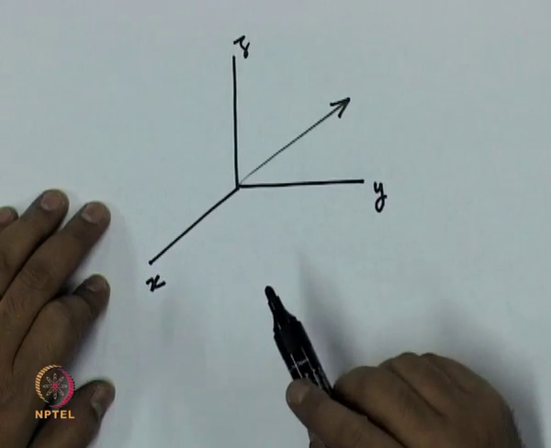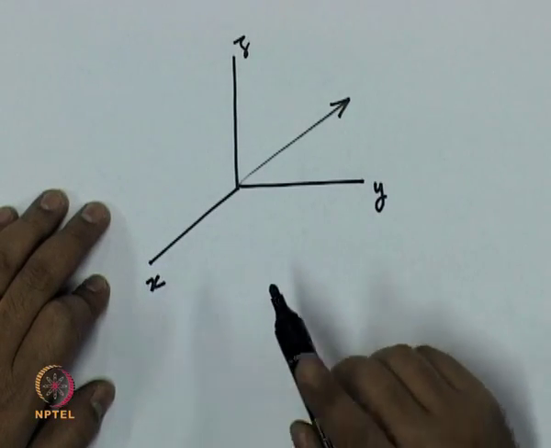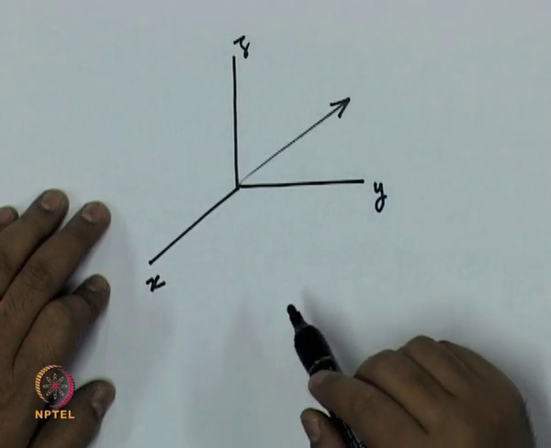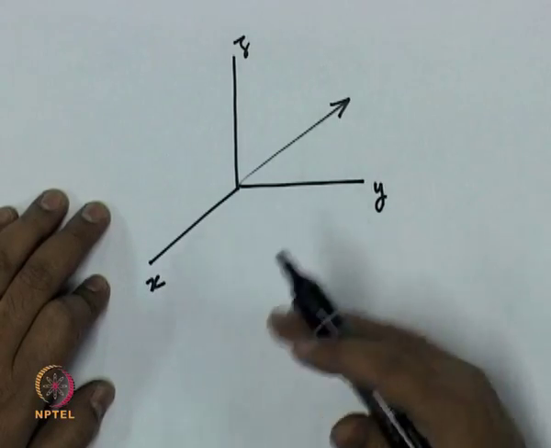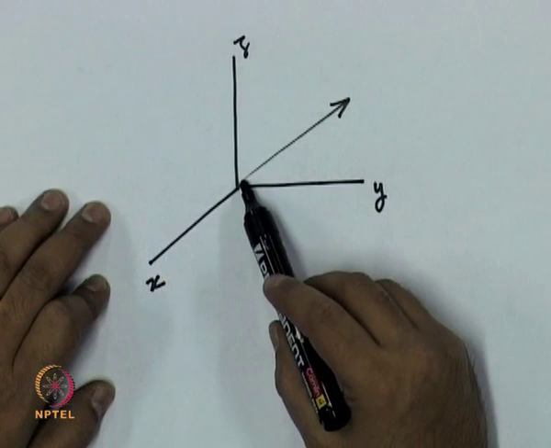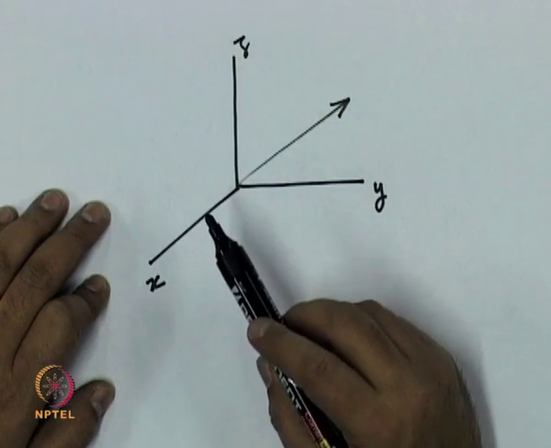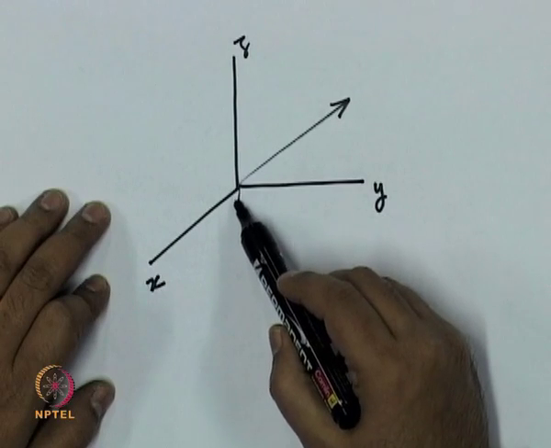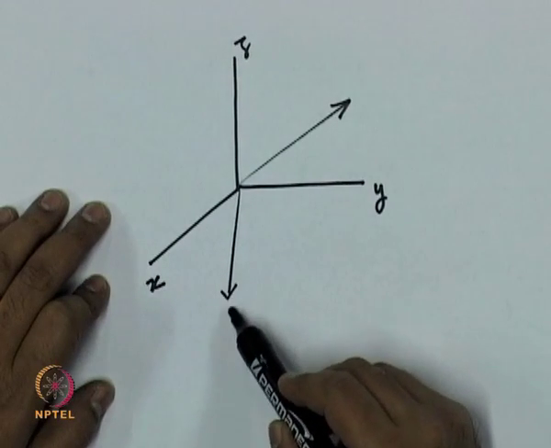Somebody else decides to choose another frame of reference, but it is not any arbitrary frame of reference. In most of this exercise that we are going to do, we are going to assume that the origin for the frame of reference remains the same, and you have another 3 mutually perpendicular directions.